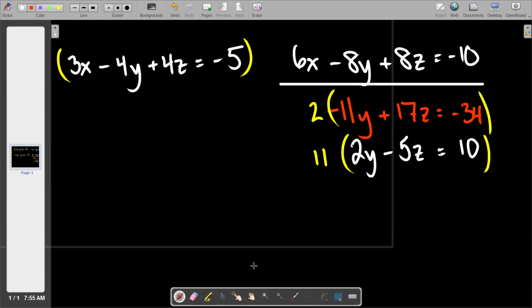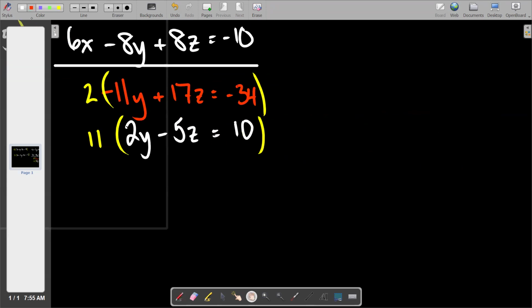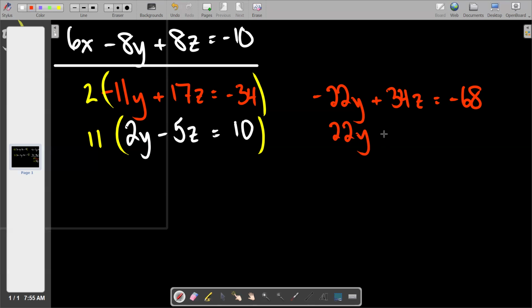So we create now a new 2x2 system, which is negative 22y plus 34z equals. And then the bottom one, 22y plus 55z equals 110.